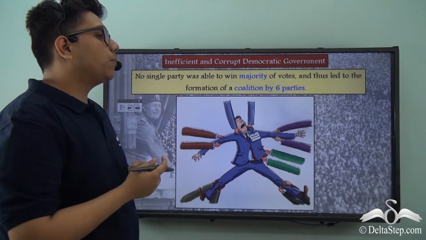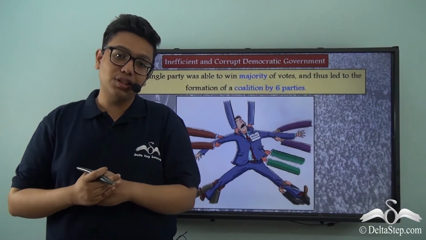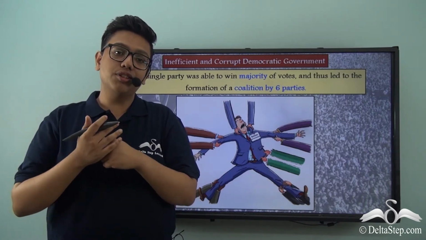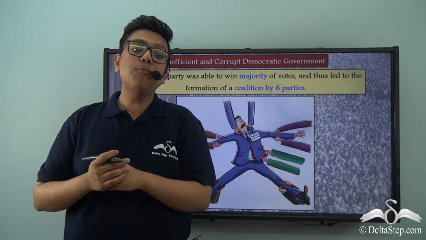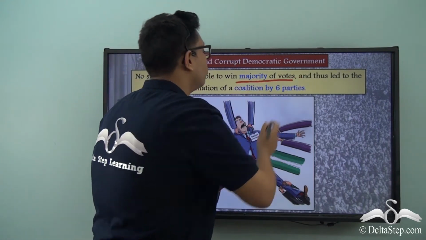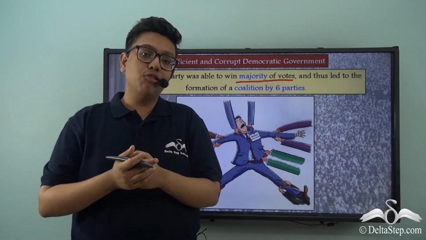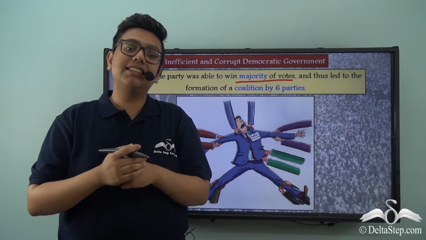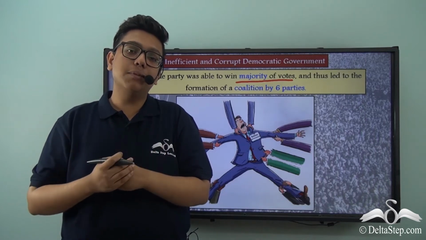But problems popped up from the very first election after the First World War. You see, in the very first election after the First World War, not a single political party was able to achieve a majority of votes. And without a majority of votes, a party cannot form a government. And if no party gets a majority, who will form the government?